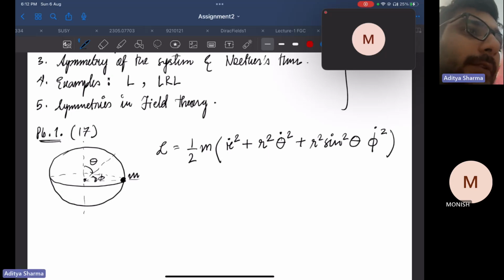This will be the Lagrangian of the free particle in spherical polar coordinates.